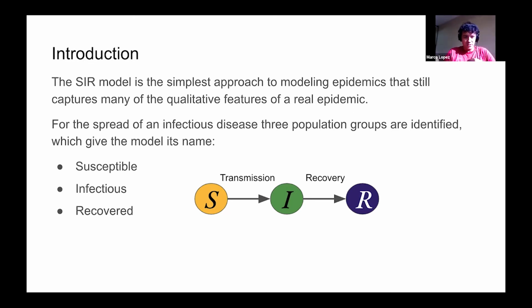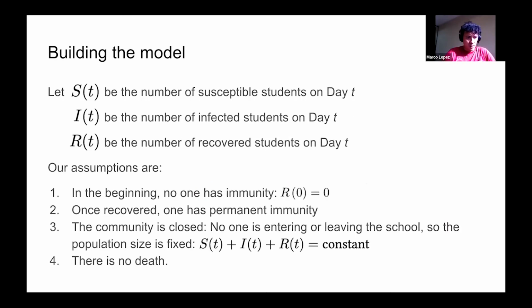Okay, and there will be some assumptions on this model. First of all, these 3 quantities all depend on time. And our assumptions are that at the beginning, there's no recovered population. We just started with a small population of infected people. Almost everyone else is susceptible.